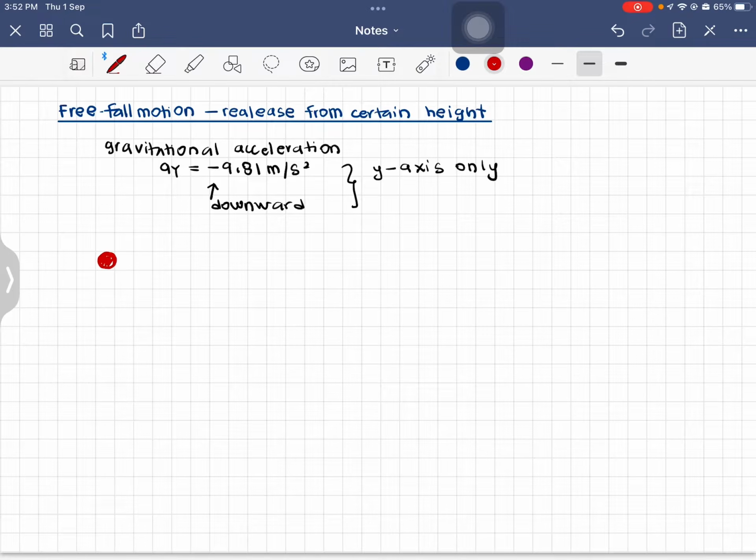When you release it like that, we call it release from rest. When you hear or read release from rest, it shows that your u, the initial velocity, is equal to 0.